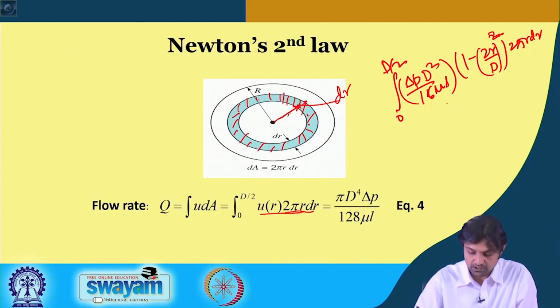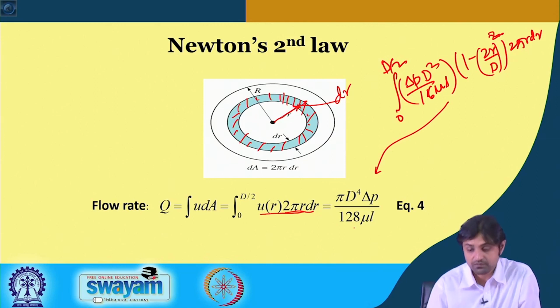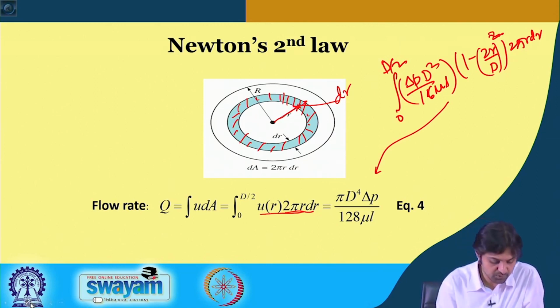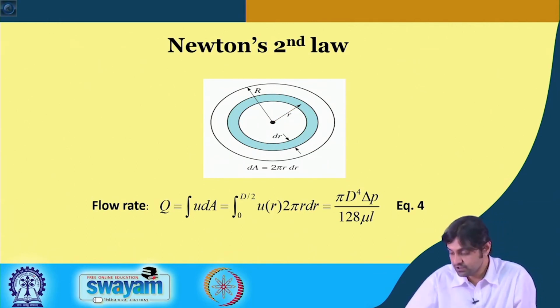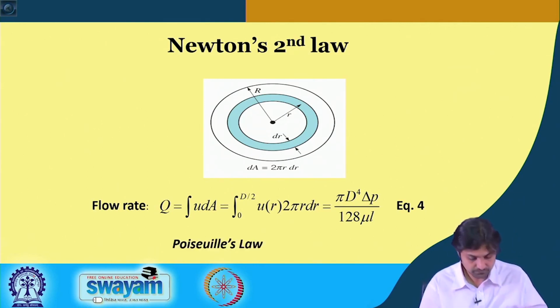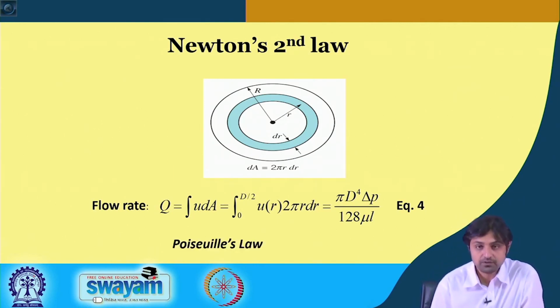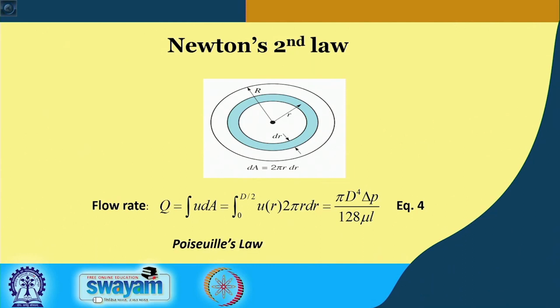On integration we come up with this equation: pi d to the power 4 delta P by 128 mu L. This is the flow rate Q in the entire pipe. This is termed equation number 4, and this particular flow rate Q is called Poiseuille's law.